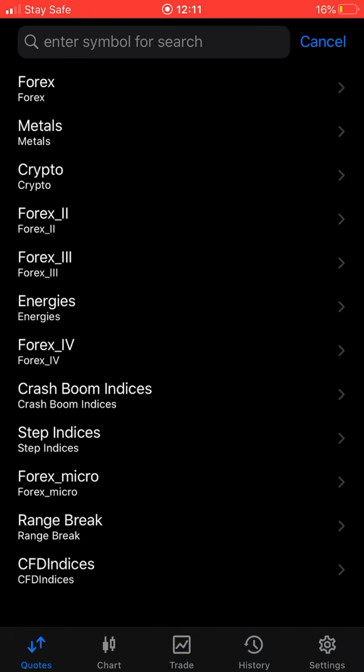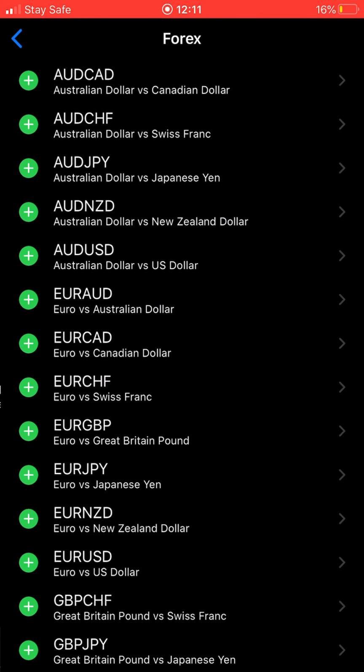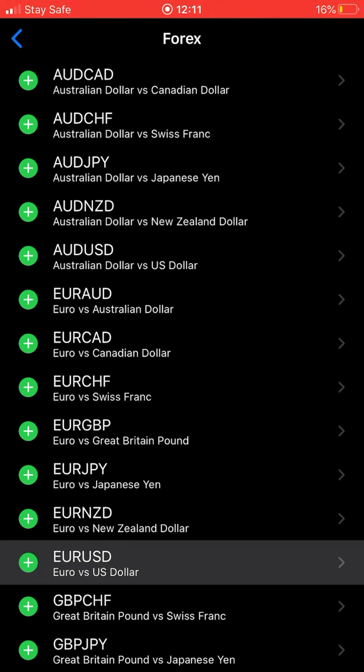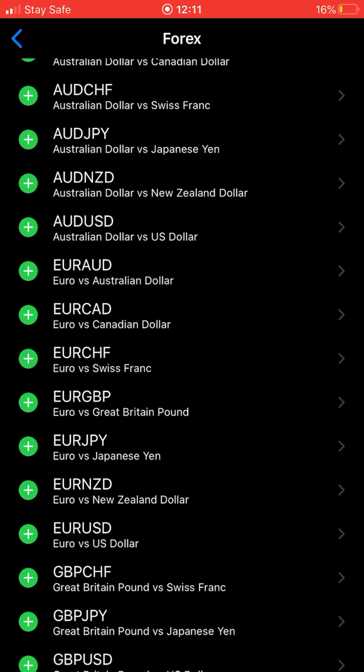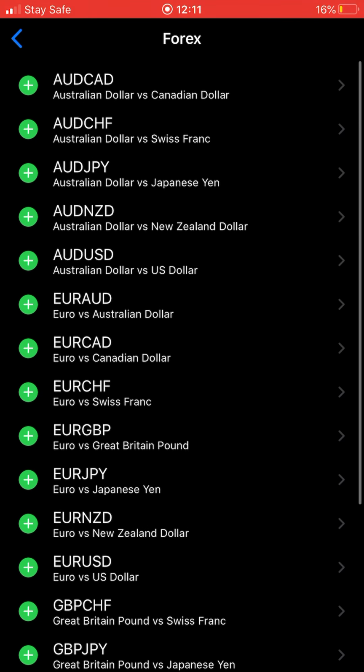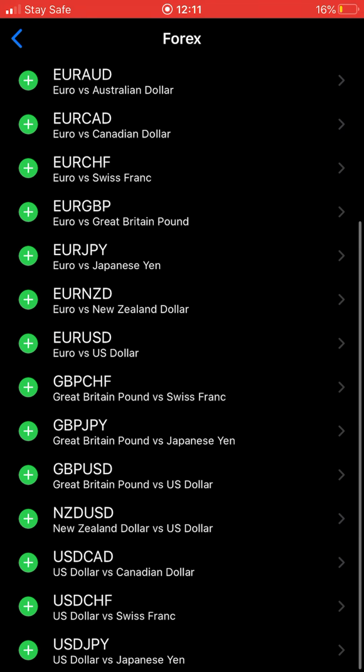Now if you want to trade currency pairs, this is what you have there: AUD/CAD, Australian dollar versus Canadian dollar; AUD/CHF, Australian dollar versus Swiss franc; AUD/JPY, Australian dollar versus Japanese yen; AUD/NZD, Australian dollar versus New Zealand dollar. All these are currency pairs. You can trade any one that you want.